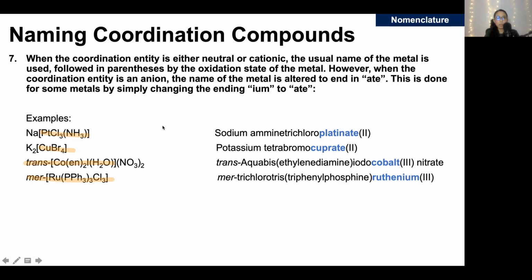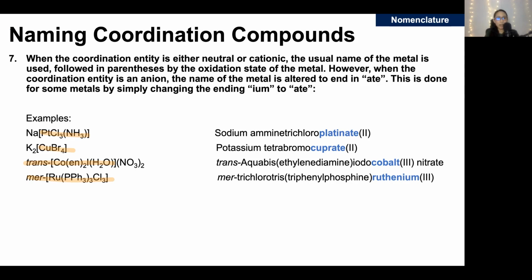Okay, if it's a neutral complex or a cationic complex, you retain the name of the metal, followed by the oxidation state. If it's an anionic complex, you change the ending part of the name of the metal to ate.